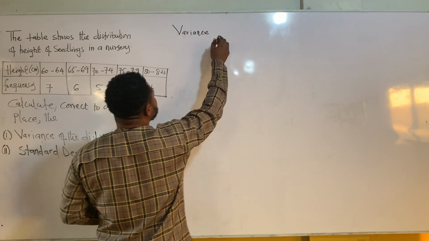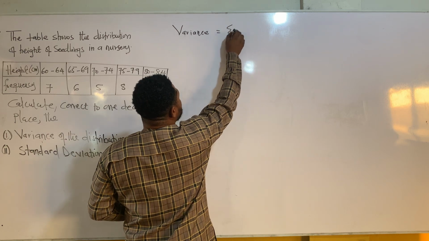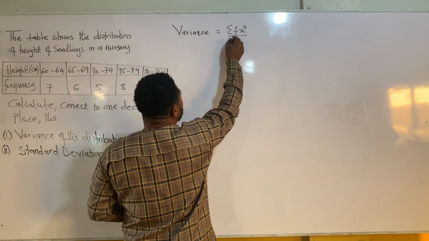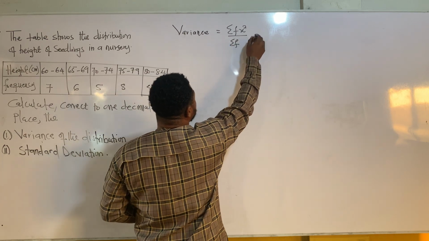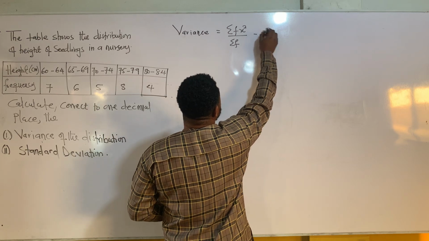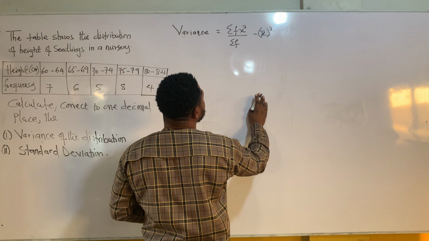So we say variance is equal to summation of f of x squared all over summation of f, minus our mean squared, all right?